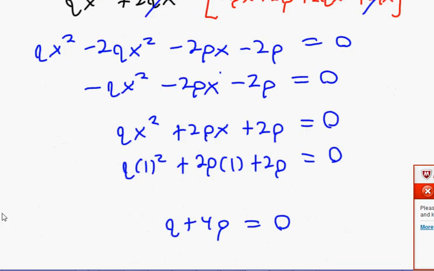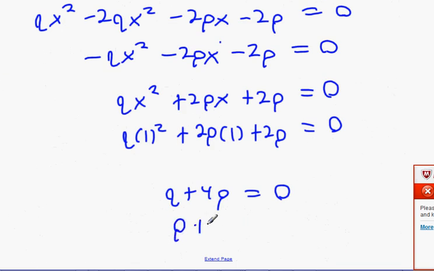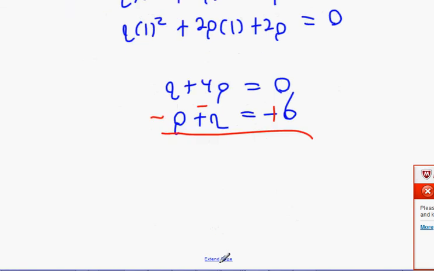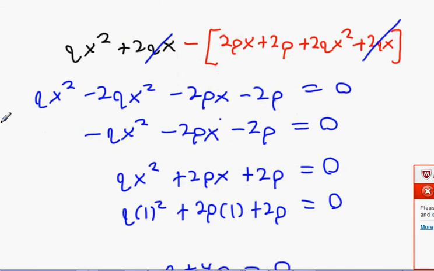Okay, and now we have p plus q equals minus 6. Now, what we're going to do is multiply the bottom one by minus, and what we're going to get is plus q minus q, 4p minus p, 3p equals 6, p equals 2. And now we know that p equals 2.